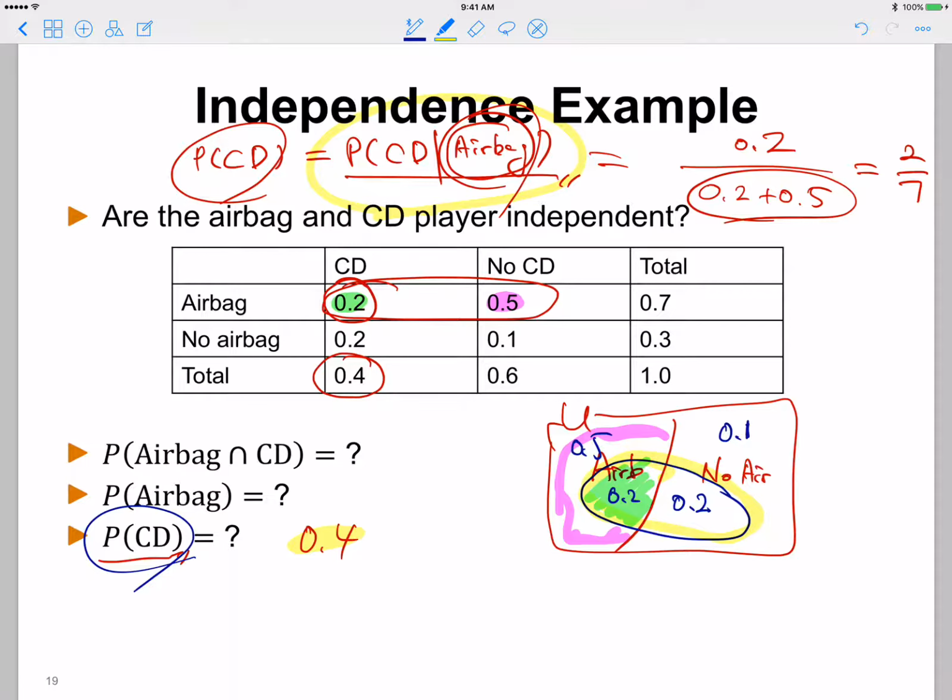when considering this situation. So we only consider this airbag case, which means now our universe is this part, right? And then out of this small universe, what is the portion of having a CD player, which is the ratio between these two, right?